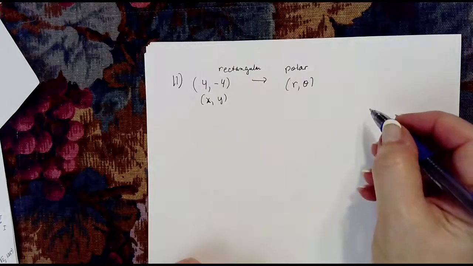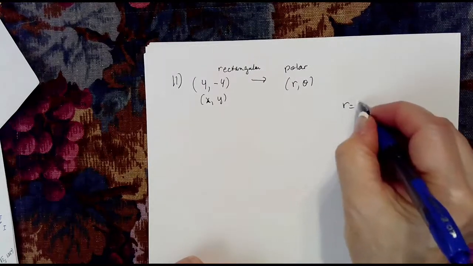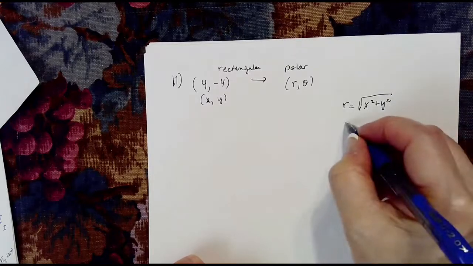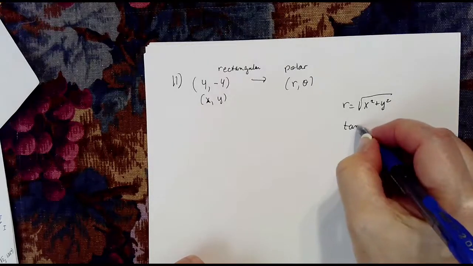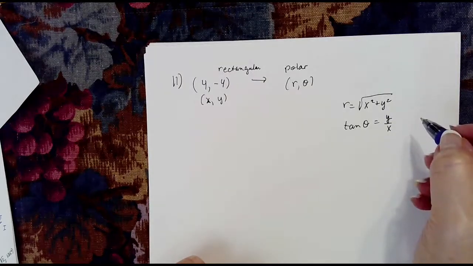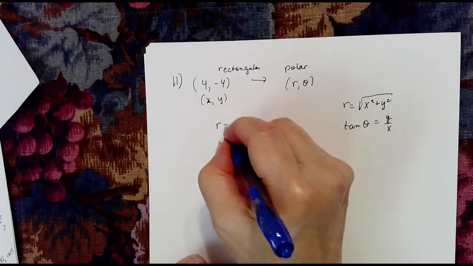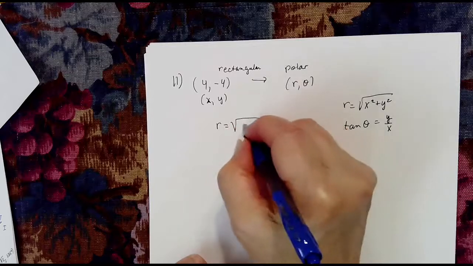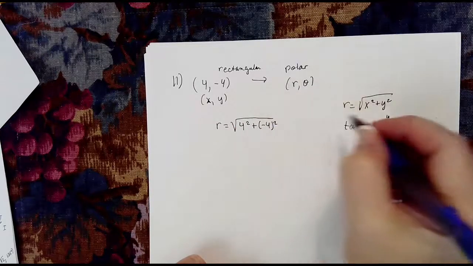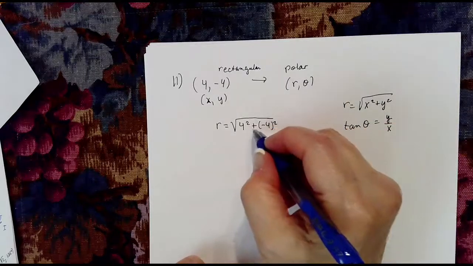So we know our formulas from before. R is equal to the square root of x squared plus y squared, and tangent theta equals y over x. So r is going to be the square root of 4 squared plus negative 4 squared. 4 squared is 16.